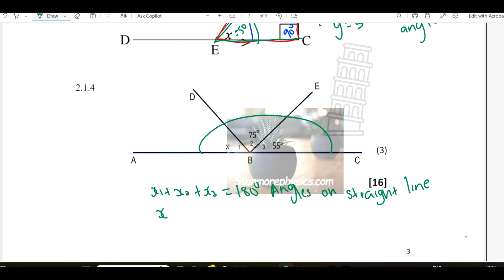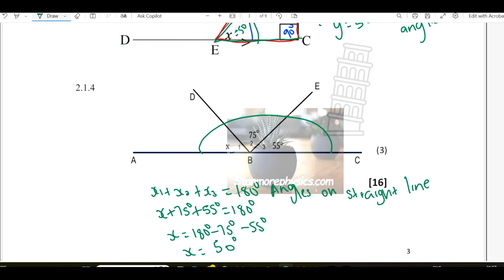So it's going to be x plus 75 degrees plus 55 degrees adds up to 180. X is going to be 180 degrees minus 75 degrees minus 55 degrees. It's going to be 50 degrees.